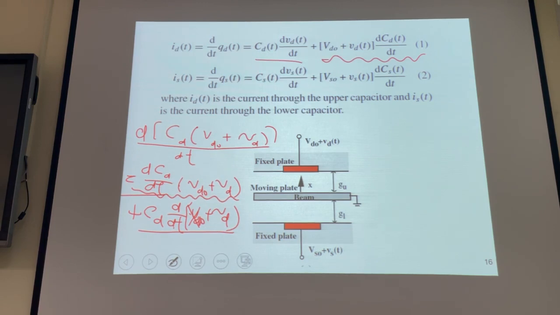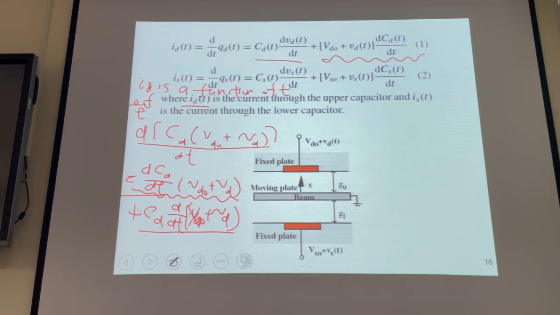Heather, would you read this? Where ID is the current through the upper capacitor. If you read this one, you should read it this way: ID of t. ID of t means ID is a function and t is a variable, a function of time, but that's too many words.